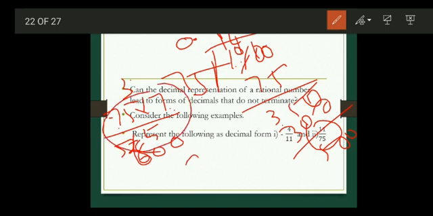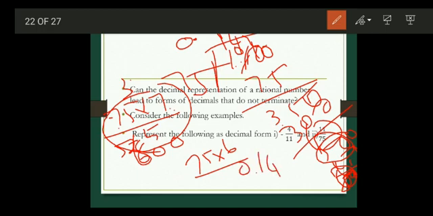So we have to take 75 into 6, 75 times 6 is 450. Again you will get 50 as remainder. So the remainder 50 is going to repeat here. So when you divide 11 by 75, you will get 0.14555 like that.